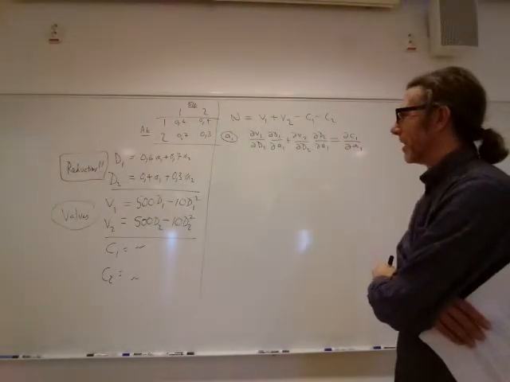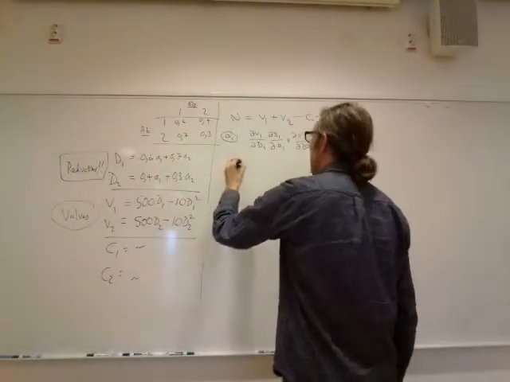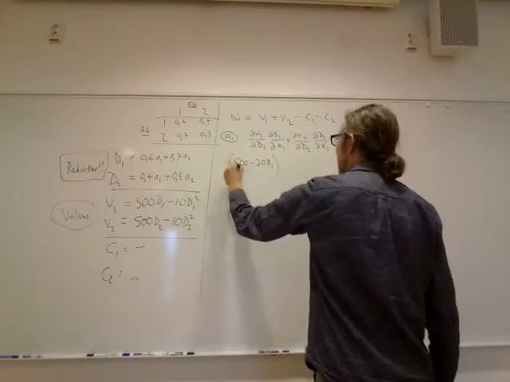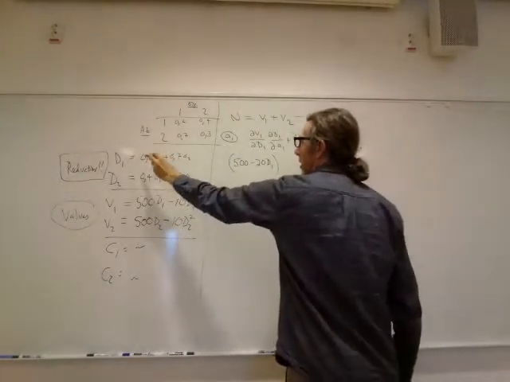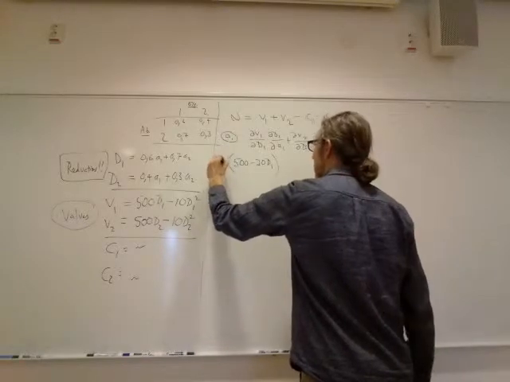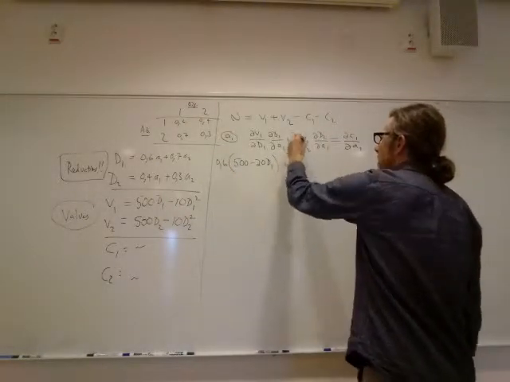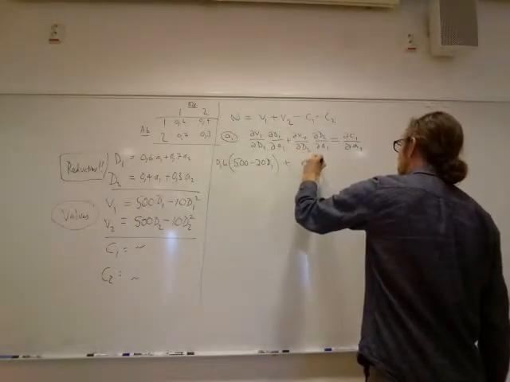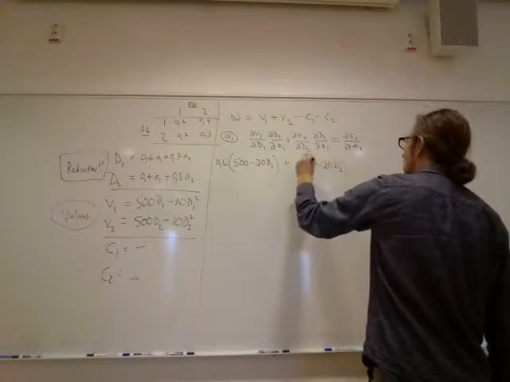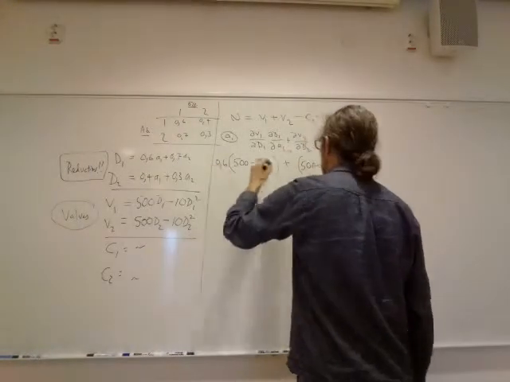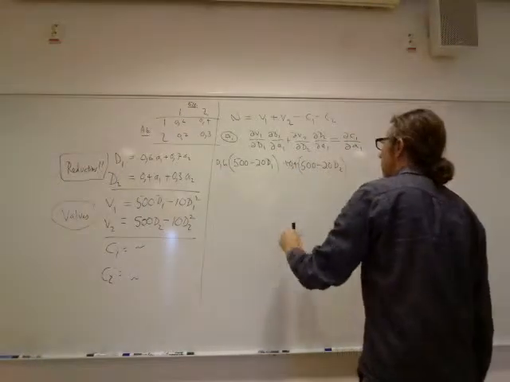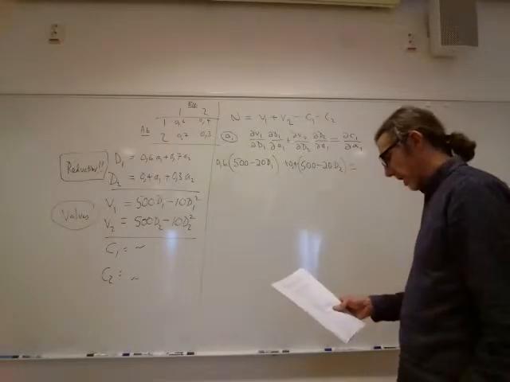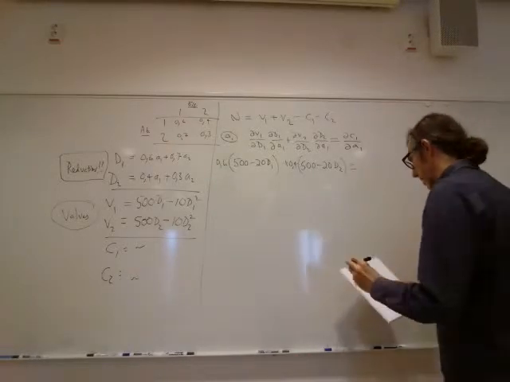Right. dV1 by dD1 is 500 minus 20 D1, and dD1 dA1 is 0.6, plus dV2 by dD2 is 500 minus 20 D2 times dD2 by dA1, which is 0.4, equals dC1 by dA1, which is 100 plus 30A1.